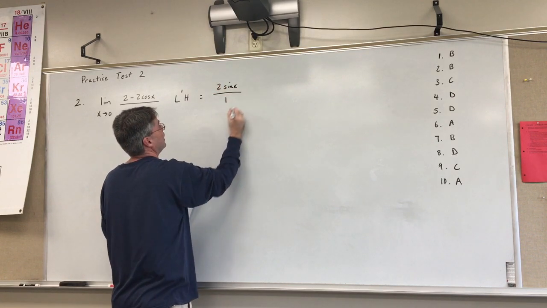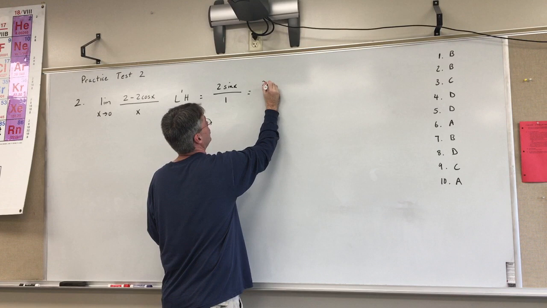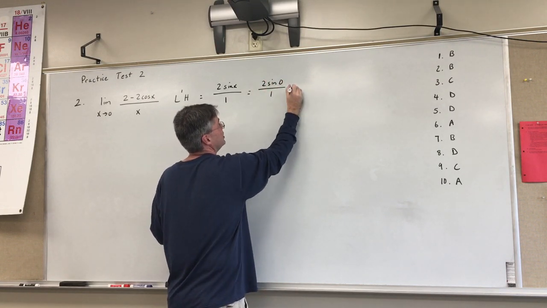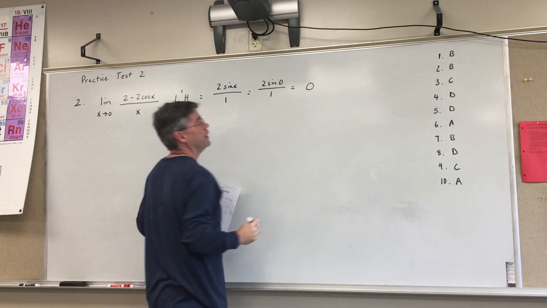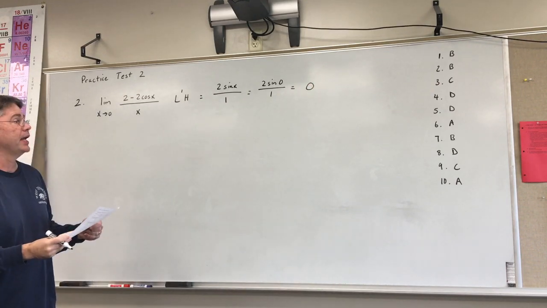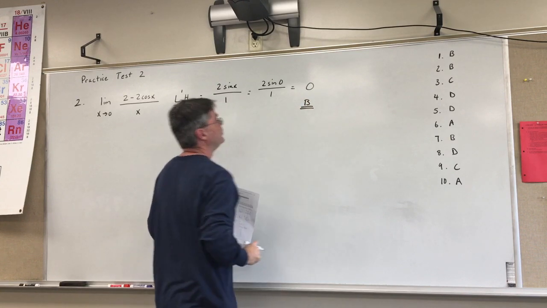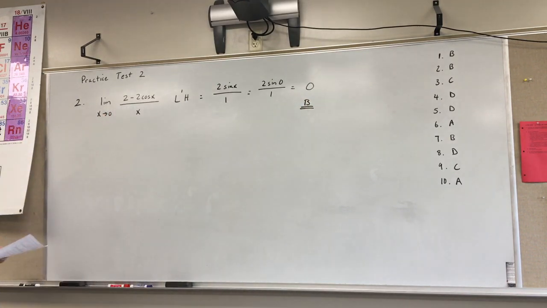So let's plug in 0 to that. That'll be 2 times the sine of 0 over 1. The sine of 0 is 0. So that is 0, and that is answer B. Okay, so L'Hopital's rule really makes finding limits pretty quick work.